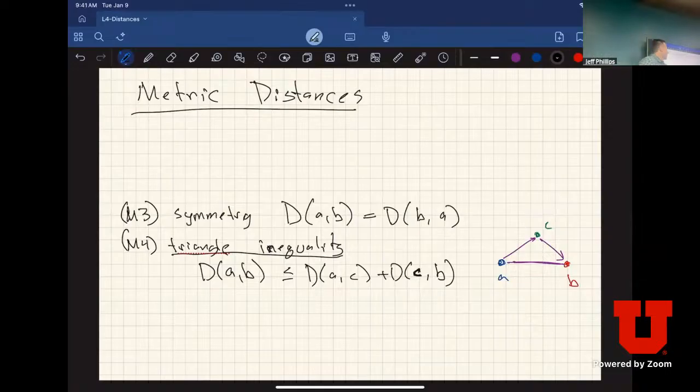If I look at the straight line distance between 2 points A and B, well, it's between 2 points A and B. I didn't say from A to B. Okay, when would this not be true in your everyday life? This kind of makes sense on paper on the board, but yeah.